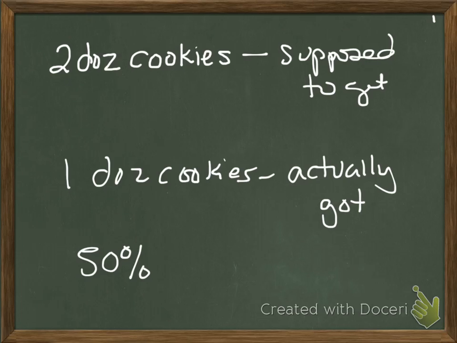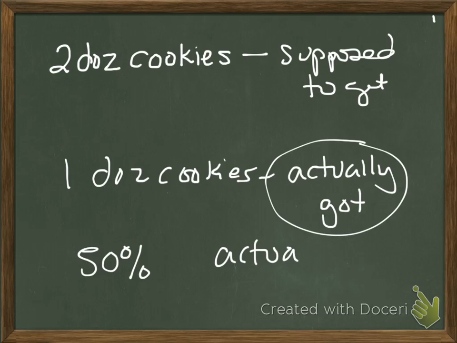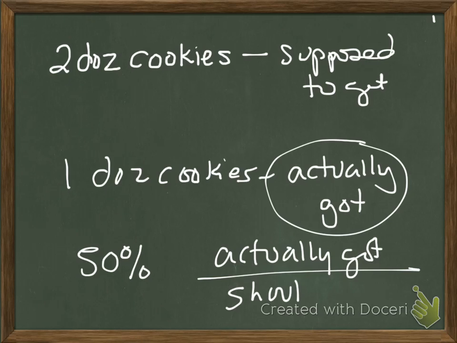That is your percent yield. So percent yield is simply what you actually got divided by what you should have gotten. Actually got divided by should have, times 100, of course. So in this case, you got 50% yield.